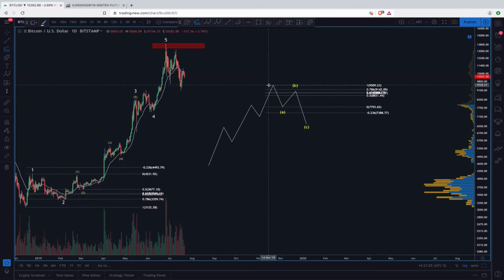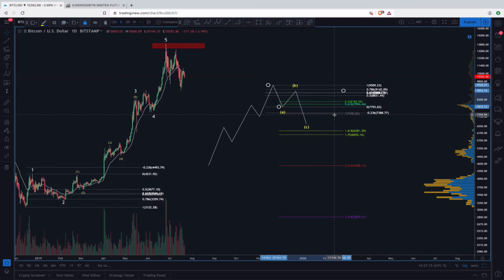You would go from the start of the A down to the end of the A up to the end of the B. And what that would do is project down where you would have a target. And so high probability zone is for the C to end at the 1 to 1, which is just this 1 right here. It's the 1 to 1 extension. Basically what that means is your C leg is just as long as your A leg, and that's what that 1 denotes right there.